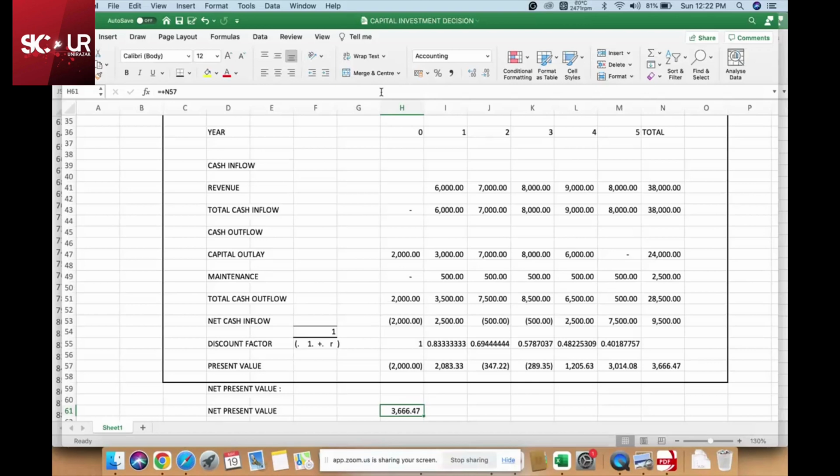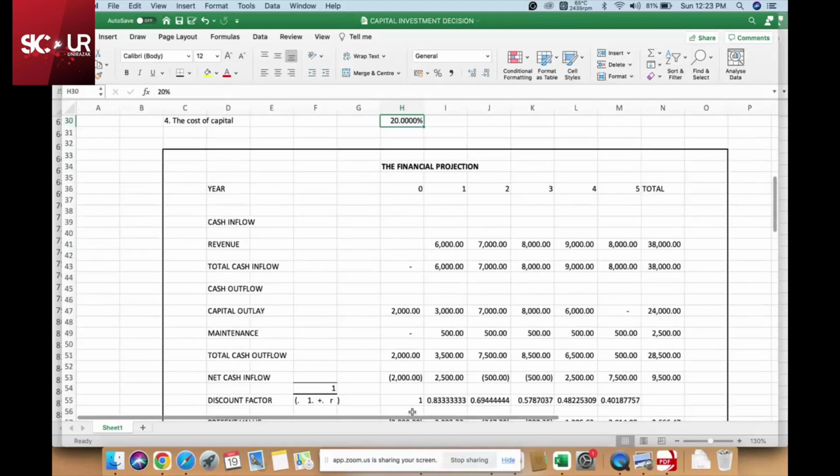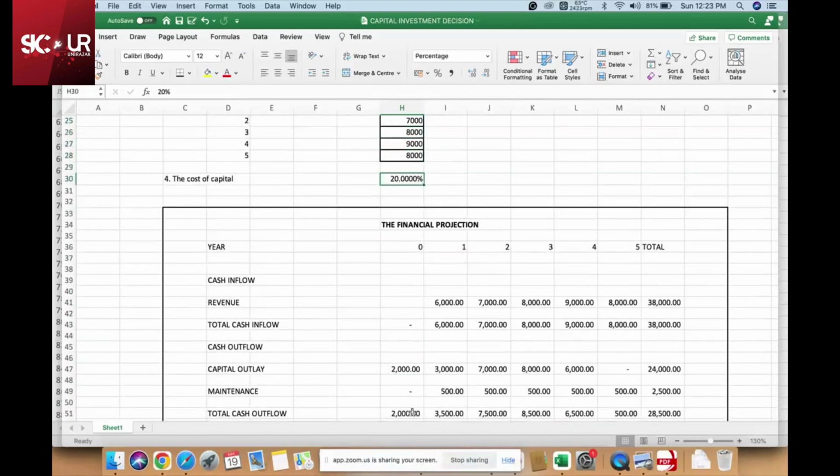So we will need to change that 20% to a higher rate so that ultimately the net present value equals zero. So we will now change the rate here. Let's say we change to 40%.